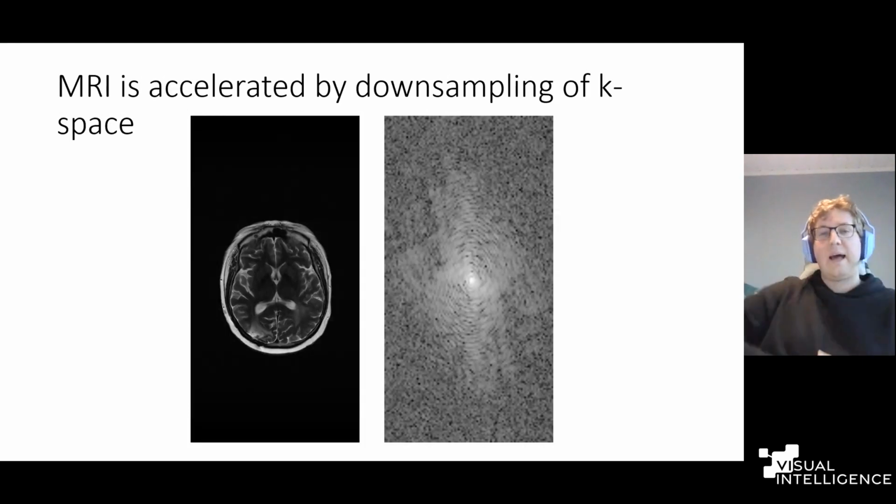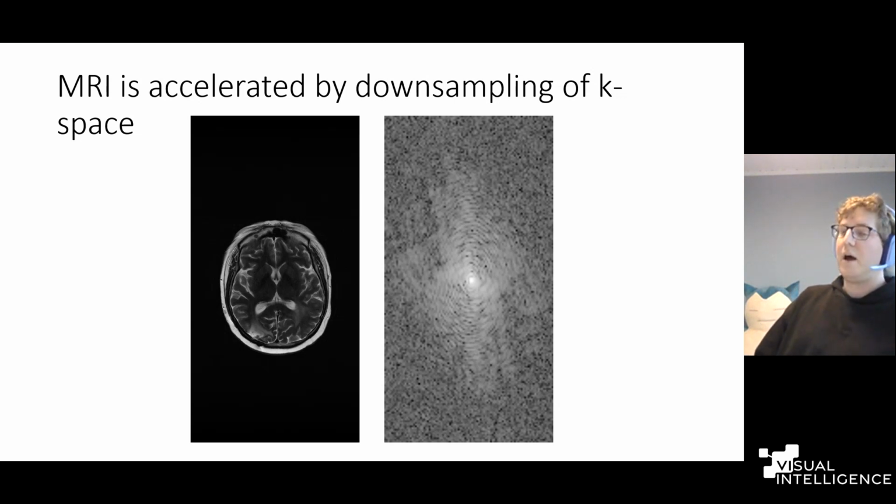Then the question is, how do you accelerate the acquisition of signal, or how do you accelerate an MRI? First, we'll just ignore all hardware-related acceleration methods, which are far beyond this topic. The way you do it, if you don't use any hardware-specific acceleration method, is that you downsample the signal. You sample less signal.